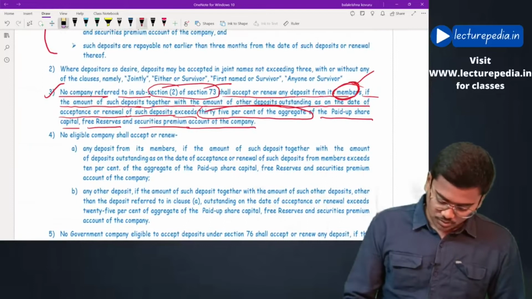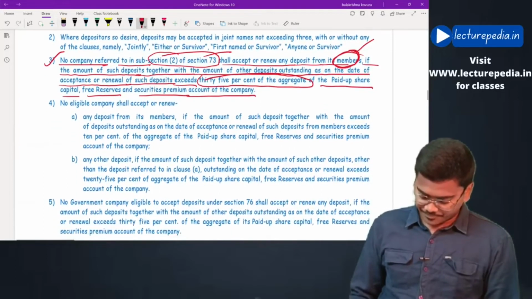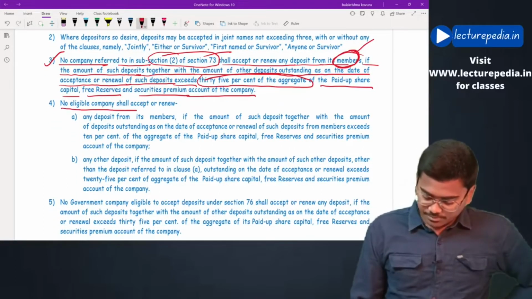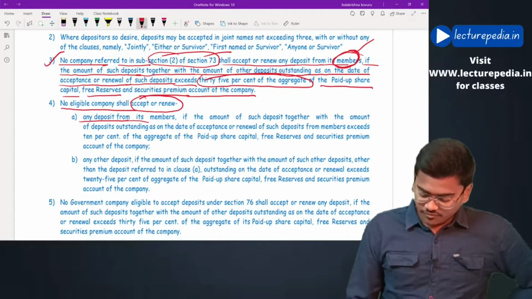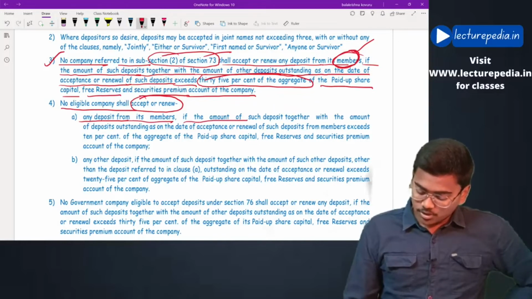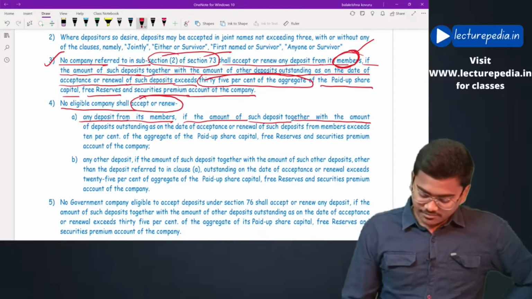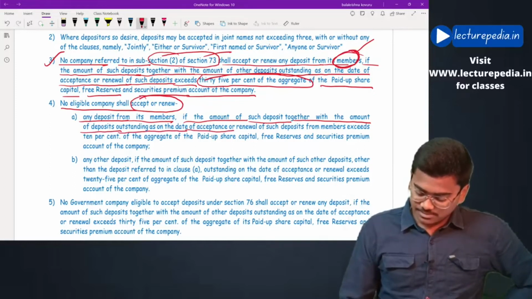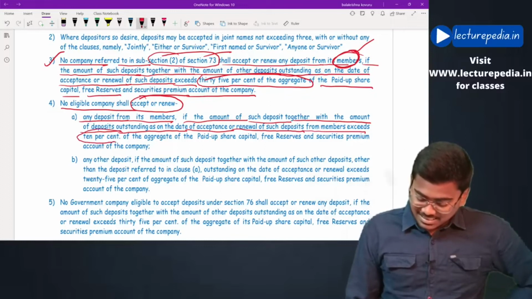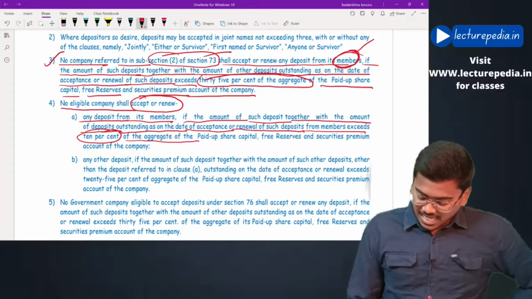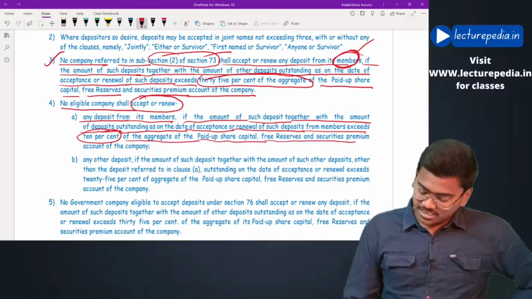Next, coming to eligible companies. No eligible company shall accept or renew any deposit from its members if the amount of such deposit together with the amount of deposit outstanding as on the date of acceptance or renewal of such deposits from members exceeds 10% of the aggregate of the paid up share capital, free reserve, securities premium.